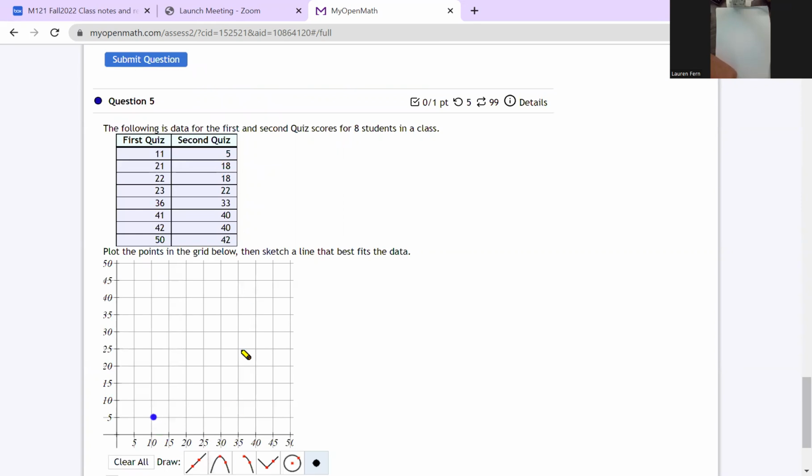And then I need to plot 21, 18. So here's where our first quiz is 21 and our second quiz is 18. And we would plot that point. And they want you to go through and do that for all 8 of the points. And I haven't done that for this, but if I was just going to be finding the line that best fits this data, I would just draw this silly line, right? But you want to somehow approximate it.